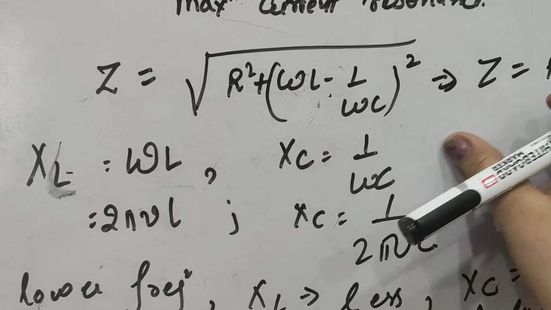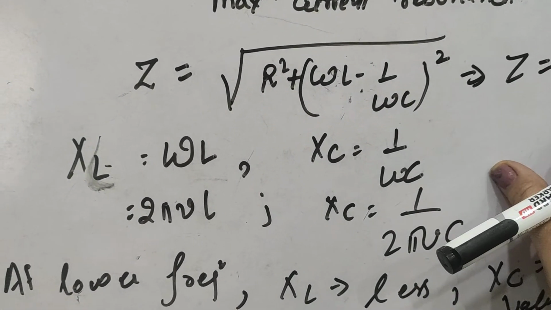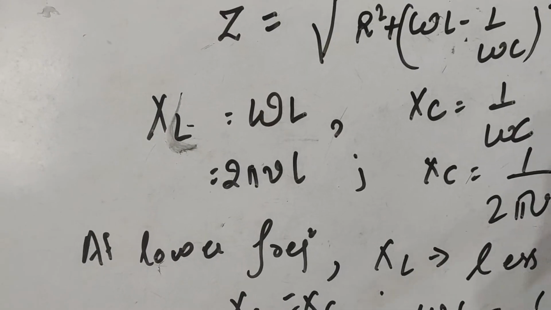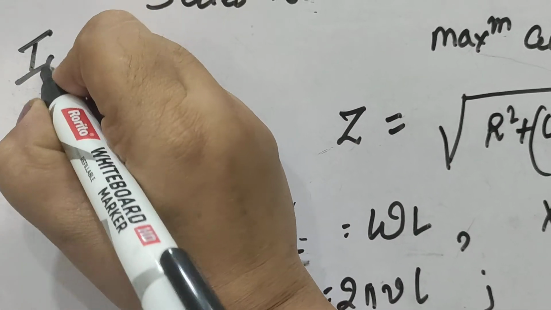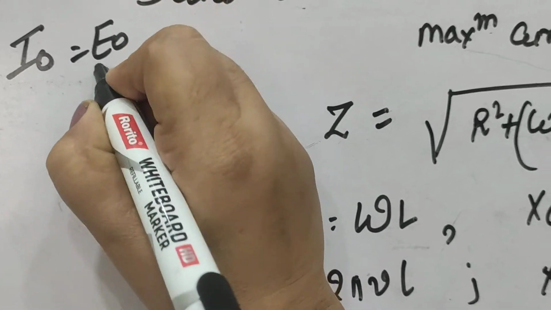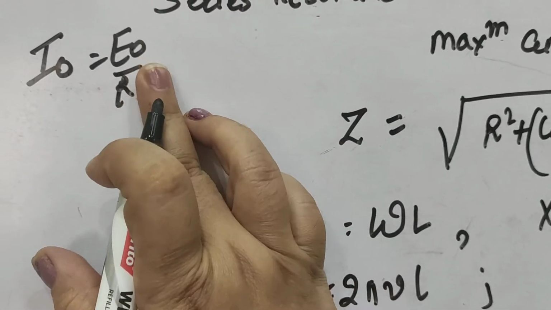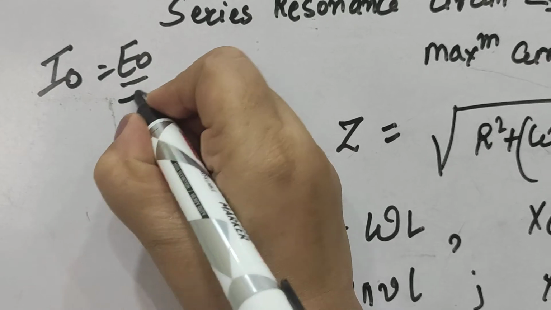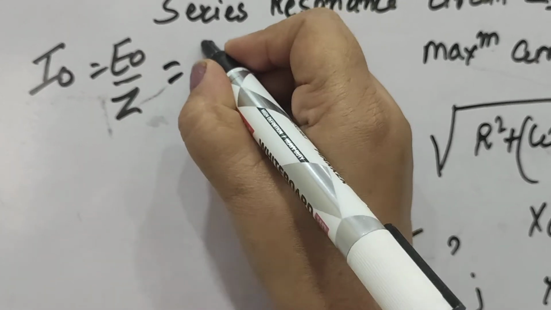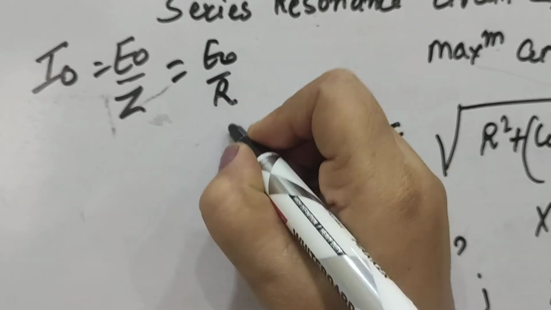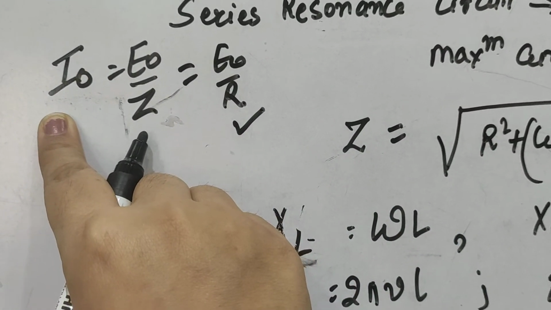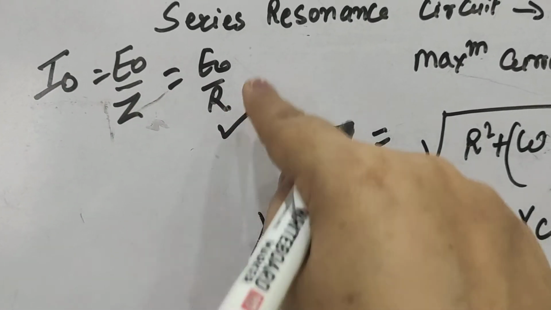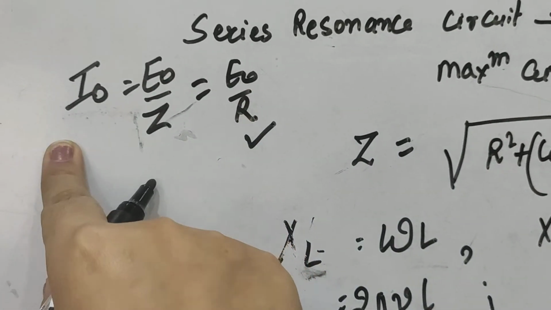Since Z reduces, it admits the maximum current to pass through it. As we know, the current I naught is equal to E naught by R, and in case of an RLC circuit, we write E naught by Z, which is equal to E naught by R, since if R is less, the current will be maximum.